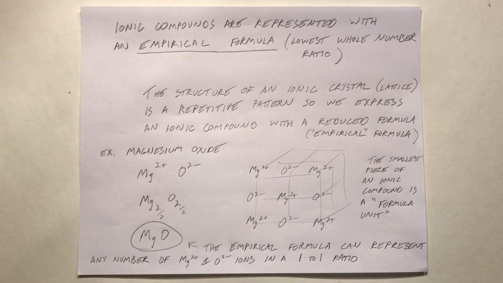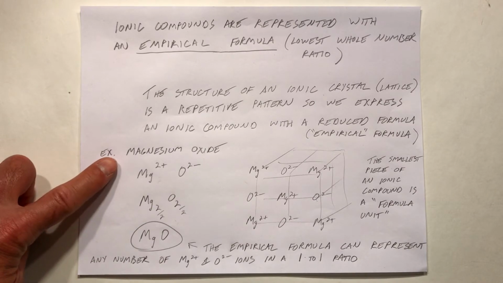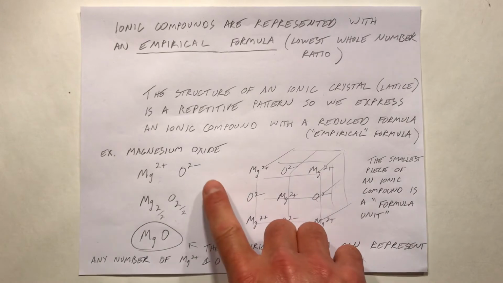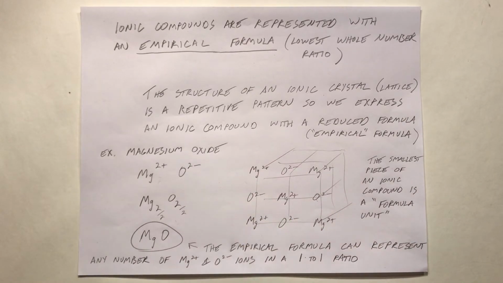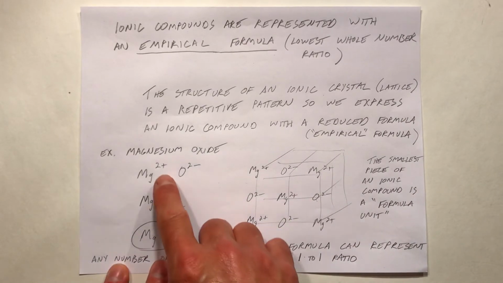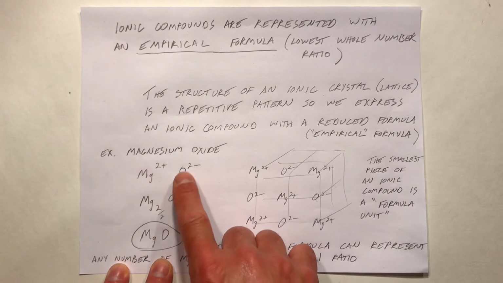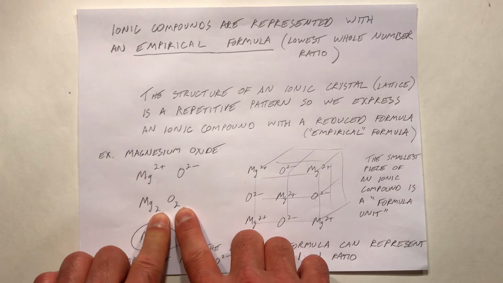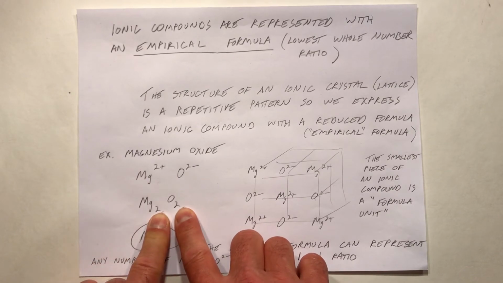This is probably easiest to understand with an example. Let's consider magnesium oxide. That's made of Mg2+, the magnesium ion, combined with O2-, the oxide ion. To get the formula, we drop this 2 down by the O, and we crisscross this 2 down by the Mg, and we initially get Mg2O2 as our formula.